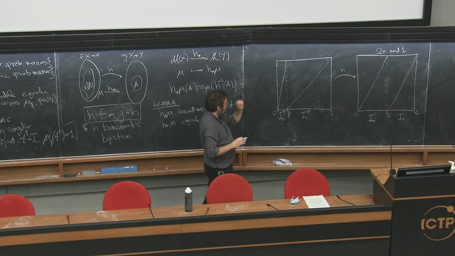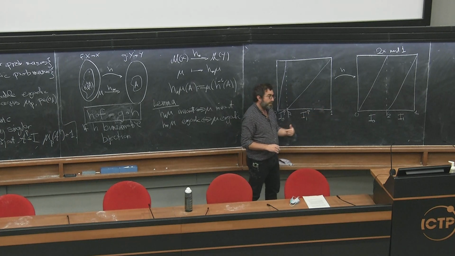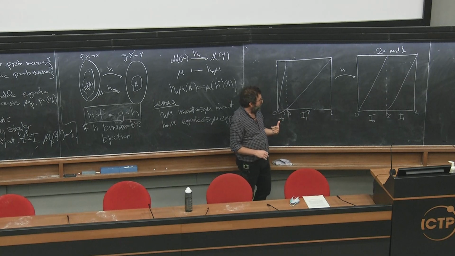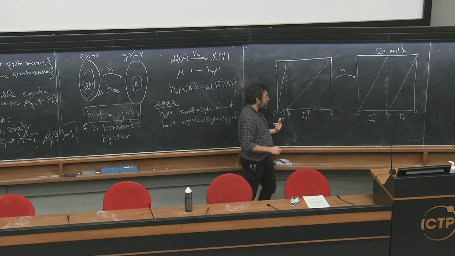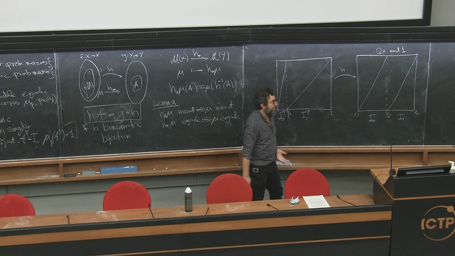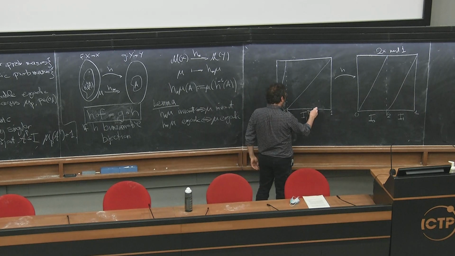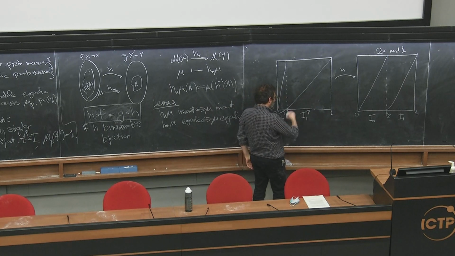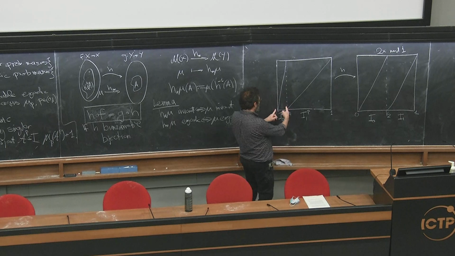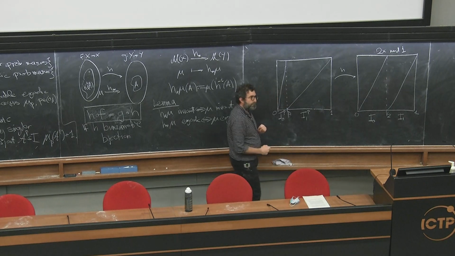It's all in the notes, but intuitively the argument is very simple, right? If we take the symbolic coding, remember that we can associate a symbolic coding. When we constructed this conjugacy, we did this by looking at each point, and you can construct a symbolic coding depending on whether the orbit falls in I0 or in I1, right?